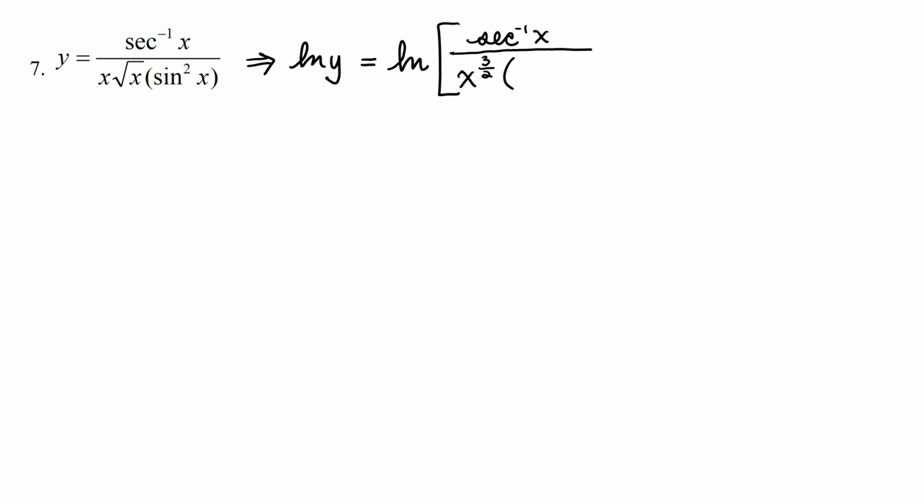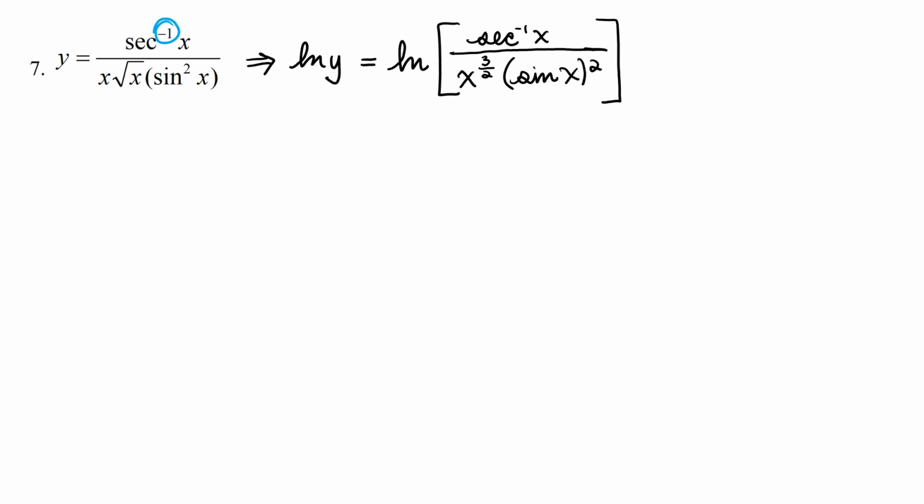And then sine squared x, that notation means that we have sine of x squared. And that's one of the weird things about notation for trig functions. If we have a positive whole number exponent, that means that it is actually a power, an exponent that we're raising the function to.